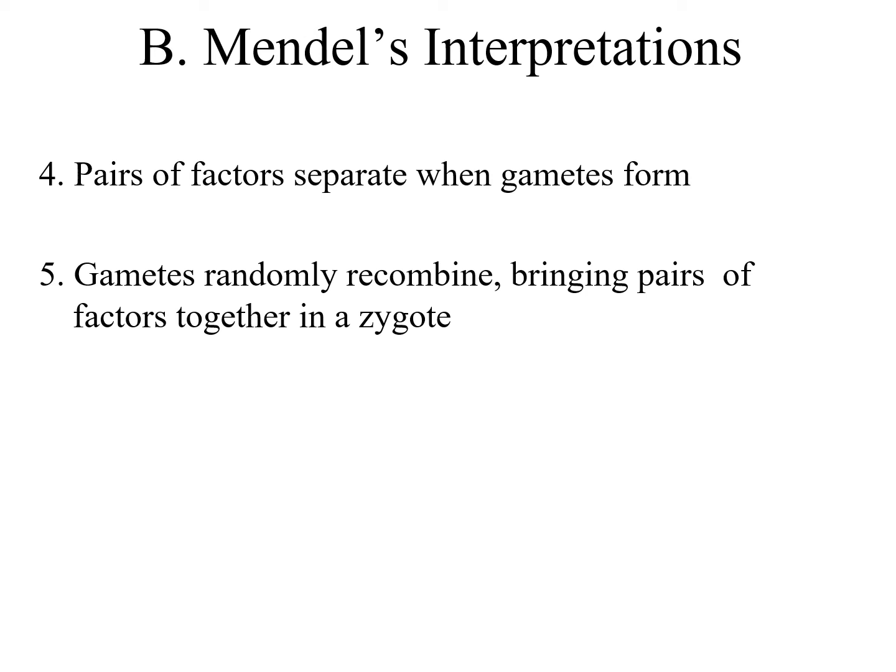Zygotes are diploid, right? So when two haploid gametes fuse, it produces a diploid zygote, which then grows and develops through mitosis to make a multicellular diploid individual. So Mendel made some pretty remarkable predictions without ever having studied meiosis, never seen chromosomes, never hearing what DNA was.